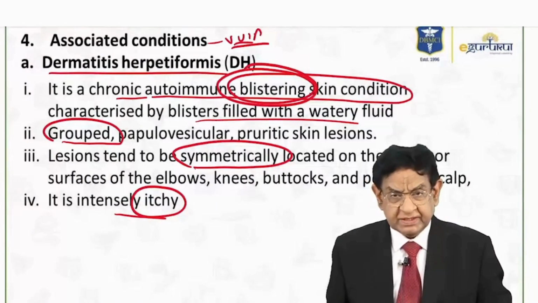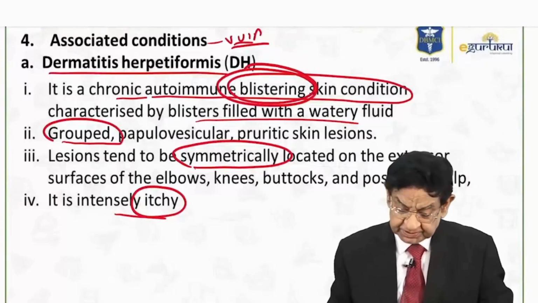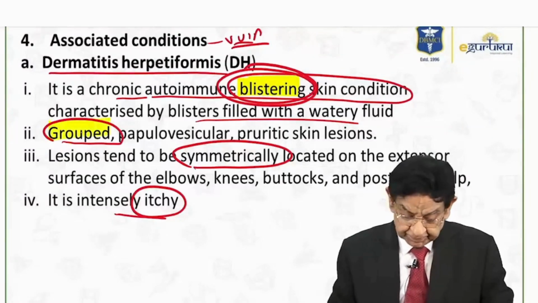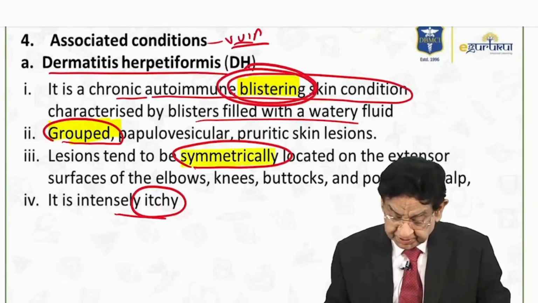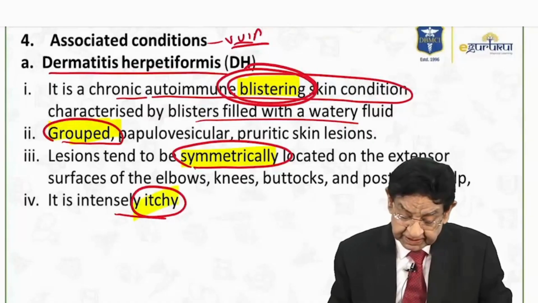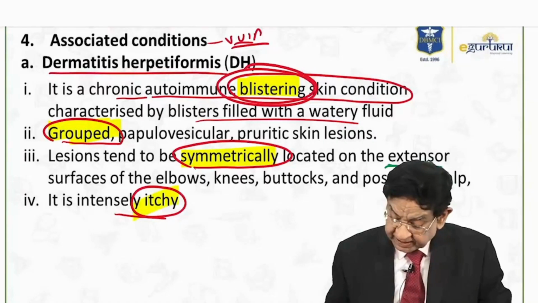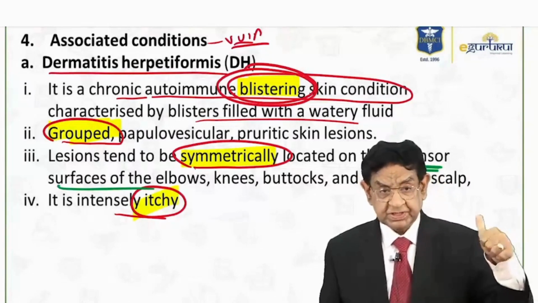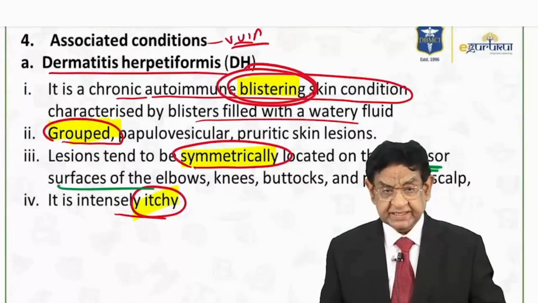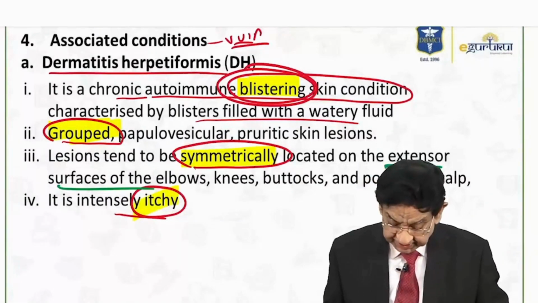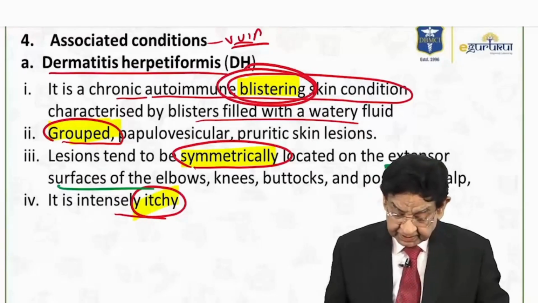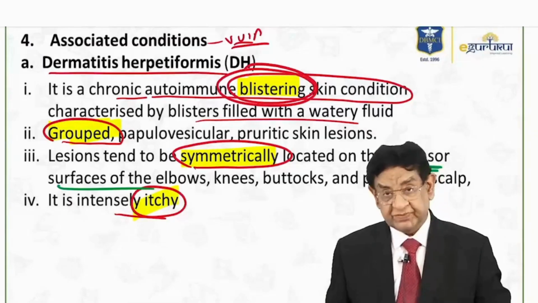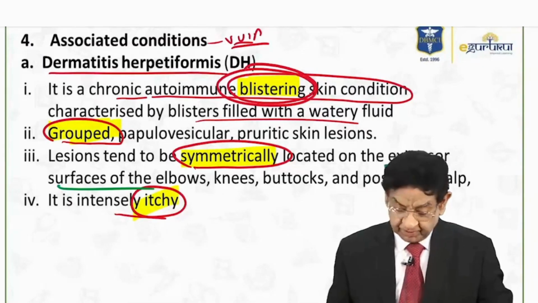So dermatitis herpetiformis: blister, grouped, symmetrical, in the extensor aspect, and very itchy. They are more in the extensor aspect, right? So blister, group, symmetrical and itchy are the features of dermatitis herpetiformis.